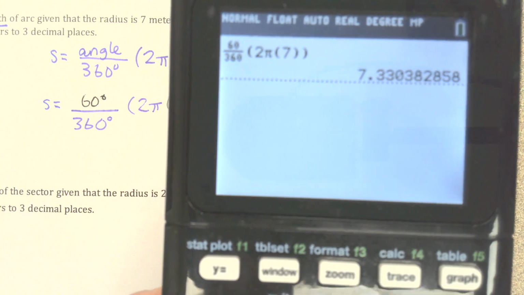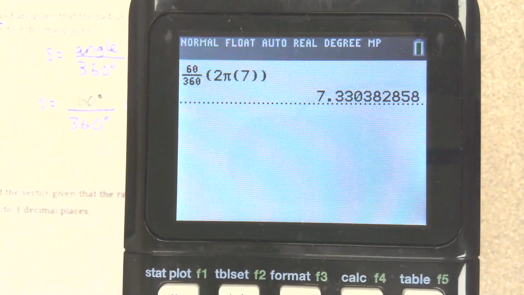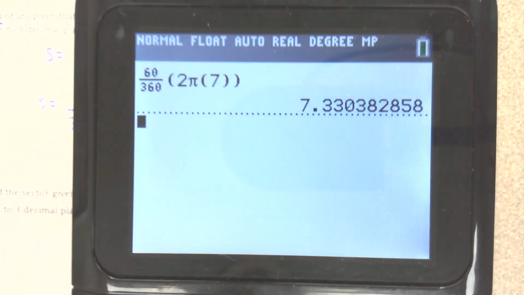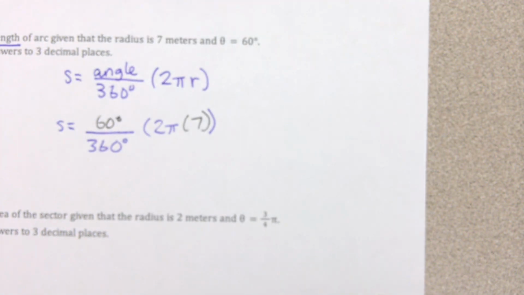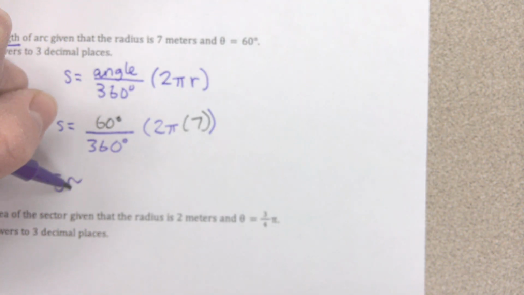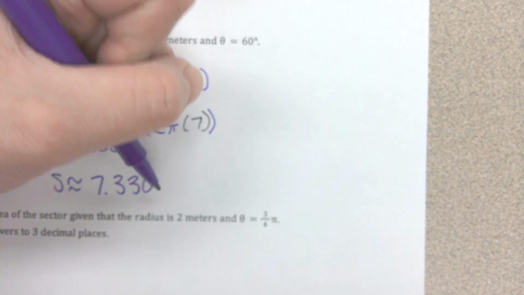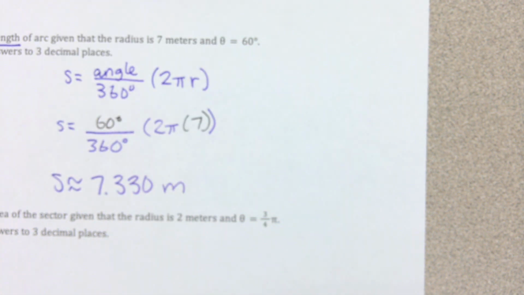If you type that incorrectly, you'll get 7.330 for our decimal. And this is in meters.